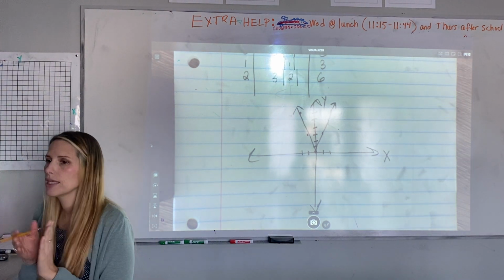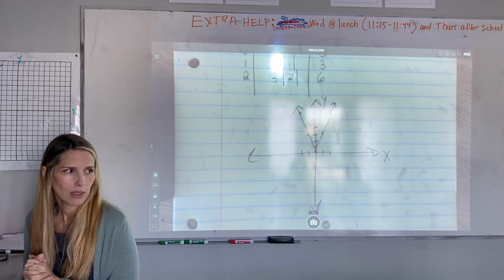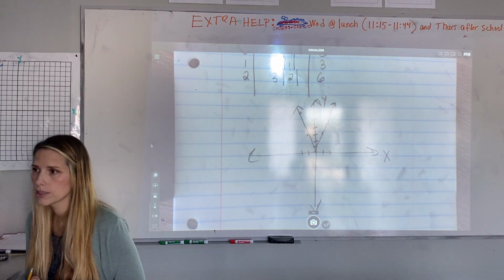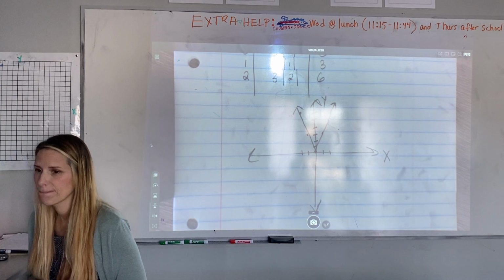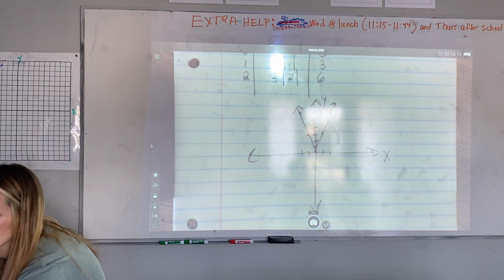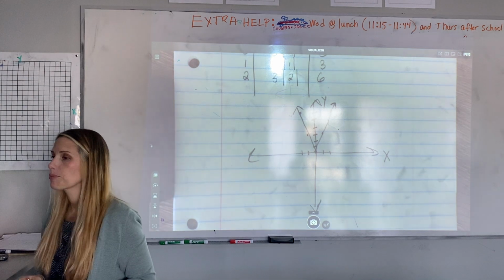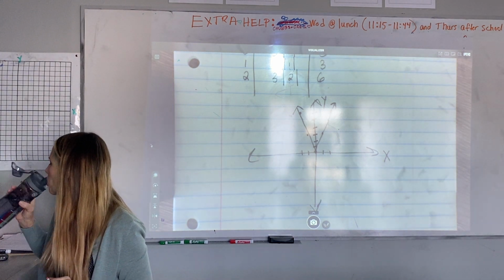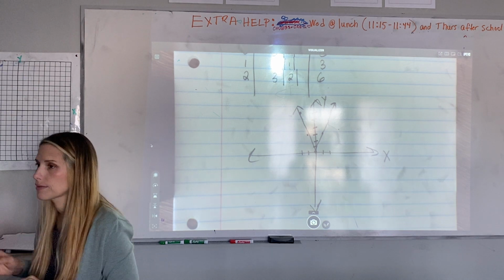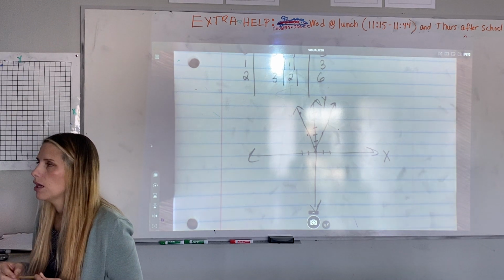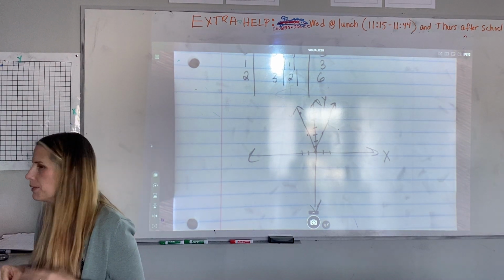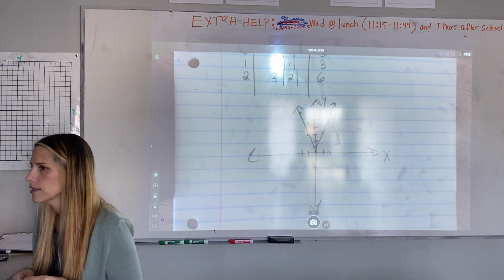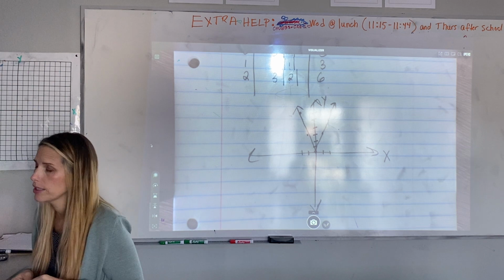For the range, how do we describe that? Is it all real numbers? No. Why not? Explain, Peter. Why is it not all real numbers? Because it's only going up, not down. Yeah, be more specific, like look at the graph and tell me where the stopping point is, or you could call it a starting point.